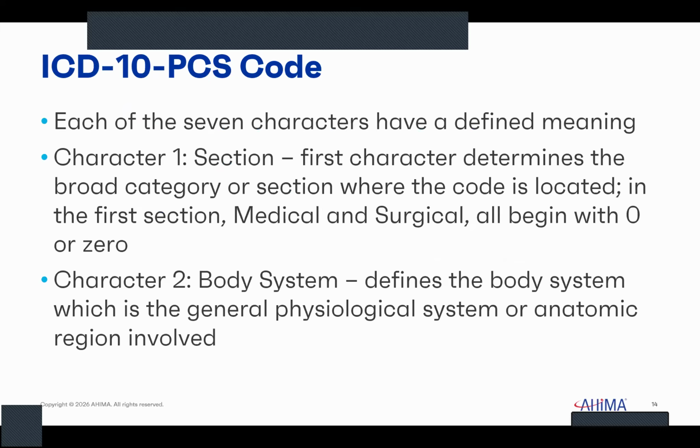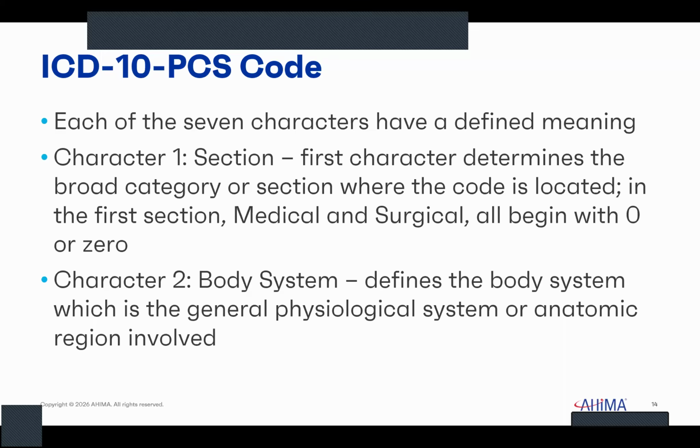So again, this is where the definitions matter. You need to know what's open in terms of the approach. You need to know that an appendectomy is a resection, and you need to understand the section, right? In this case, if you think about it, the first character, which is a section, is 0, right?